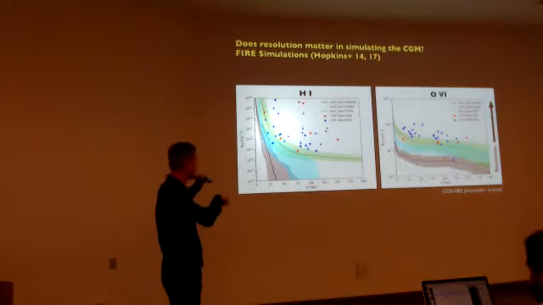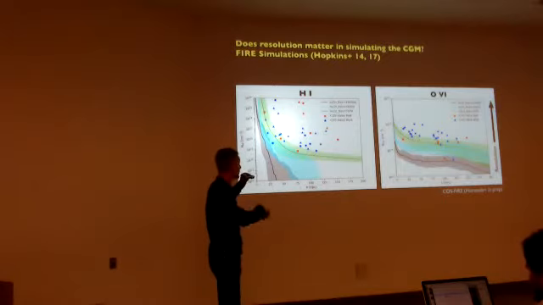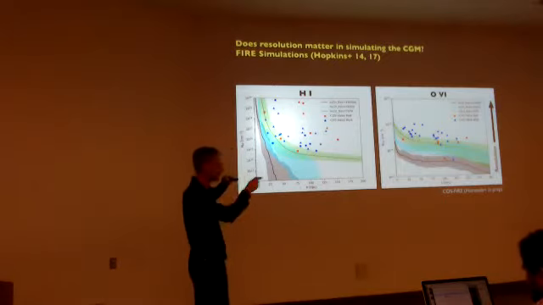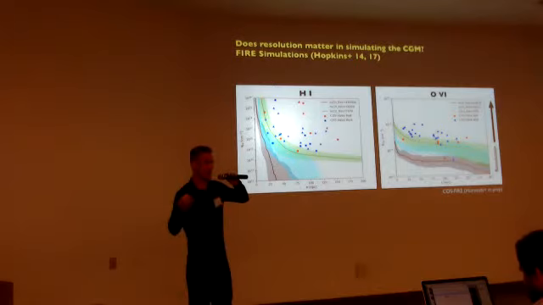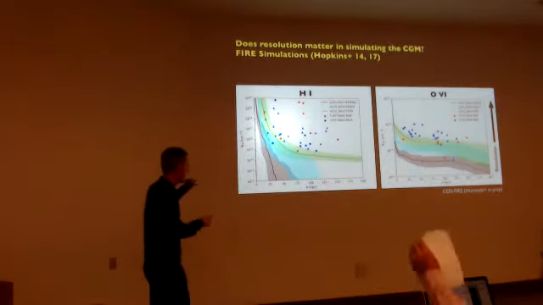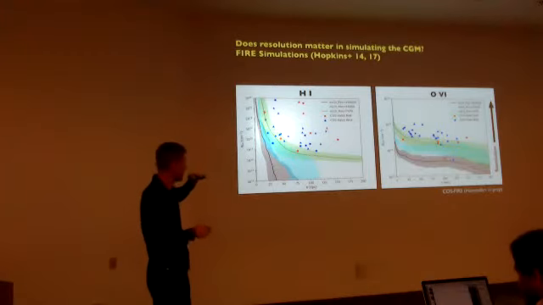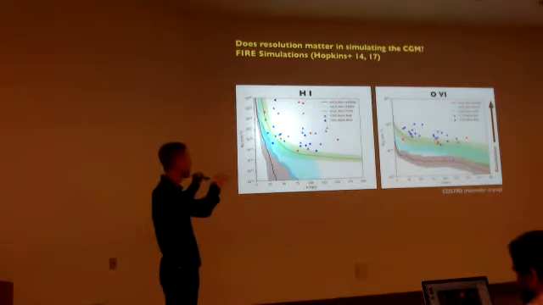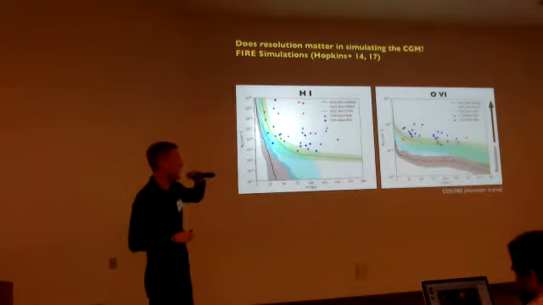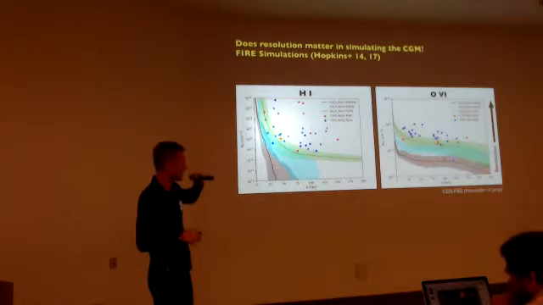The black line represents the lowest resolution, blue is medium resolution, and green is highest resolution. The green being the Latte runs that Andrew Wetzel published in the last year or so. And I've overplotted the COS-Halos data sets on top. And what you can see is as you increase the resolution, you're finding higher column density gas in your simulations.